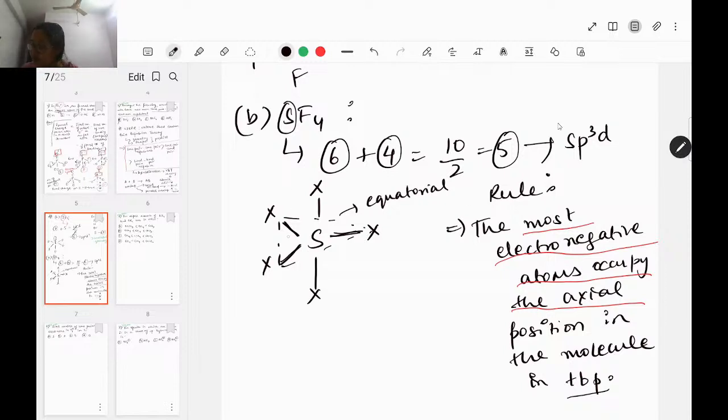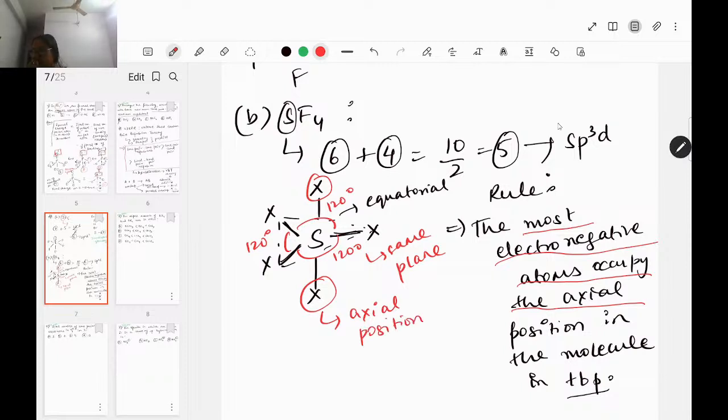Why? Because they are 120 degrees apart from each other. They are in the same plane, just like trigonal planar. I hope you remember trigonal planar. I have talked about it. So these are equatorial positions, and these 2 positions are axial positions.